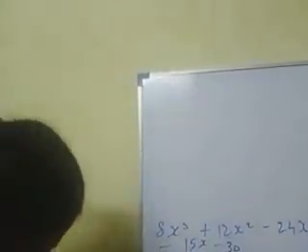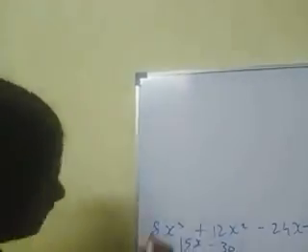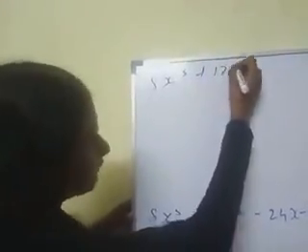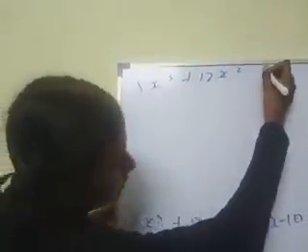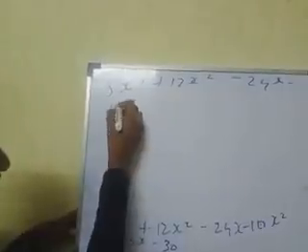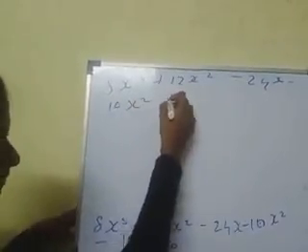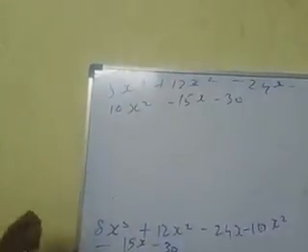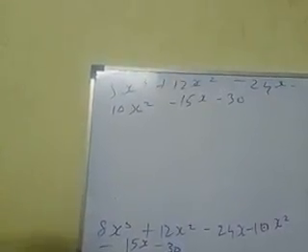Here is the 8x³ plus 12x² minus 24x minus 10x² minus 15x minus 30. We solve as it is.